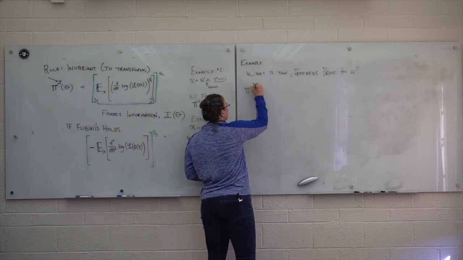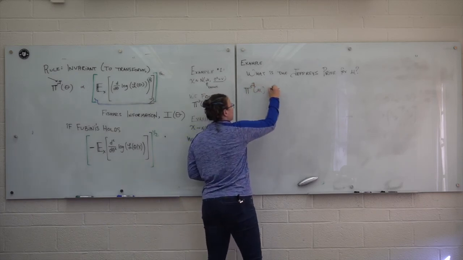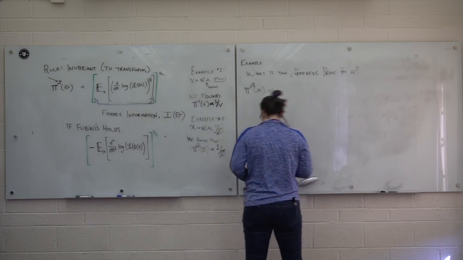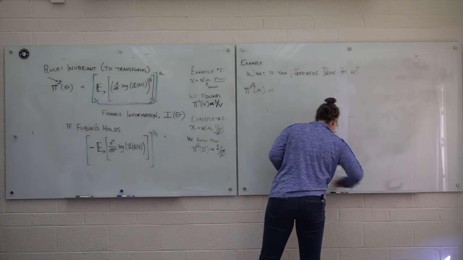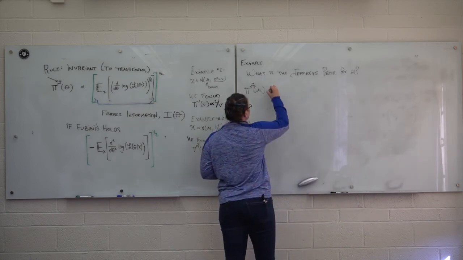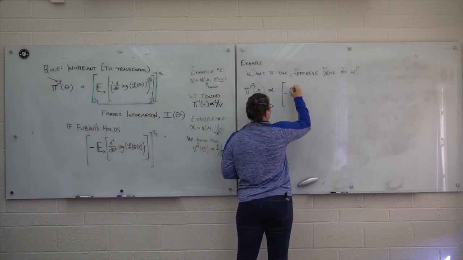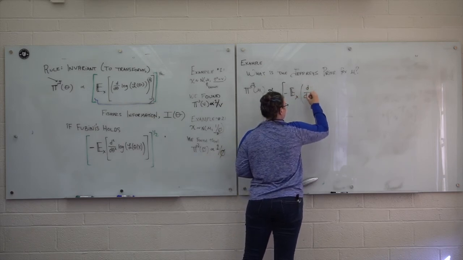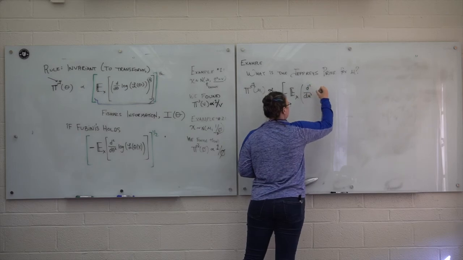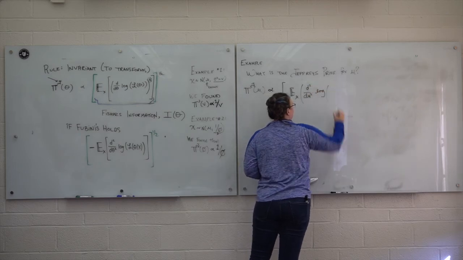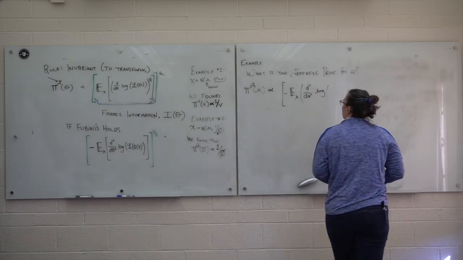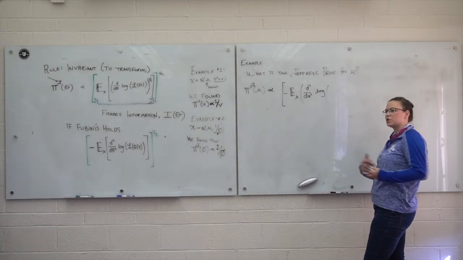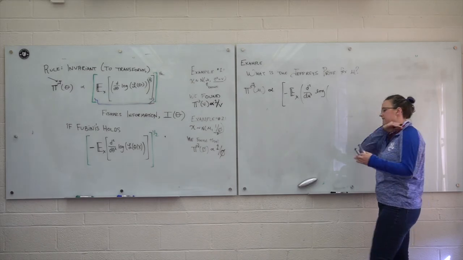So pi J of mu is going to be proportional to the expectation with respect to x of the derivative with respect to mu of our log likelihood. Again, we're on mu, and our sigma or precision, whichever one you're looking at, is fixed.